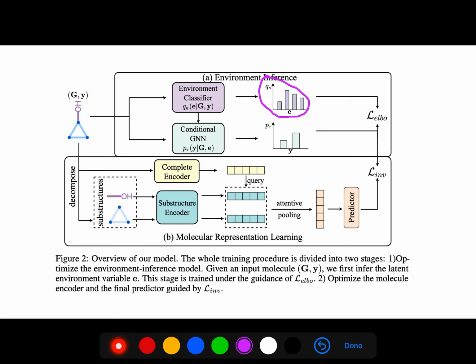We call it environment classifier. Also, we have a conditional graph neural network. We can have distributions of y conditioned on that environment. So for different environments, we want to see what is the probability of each environment. And this stage is trained under the guidance of ELBO.